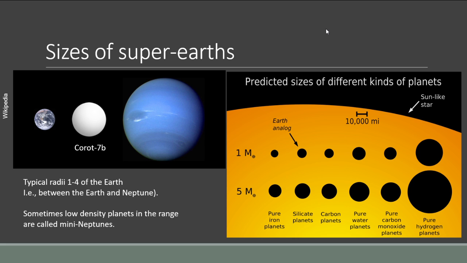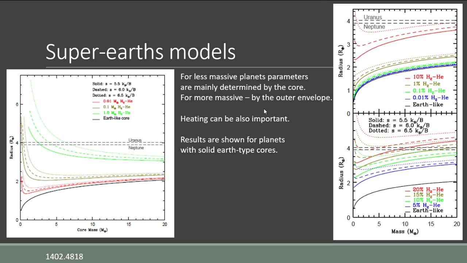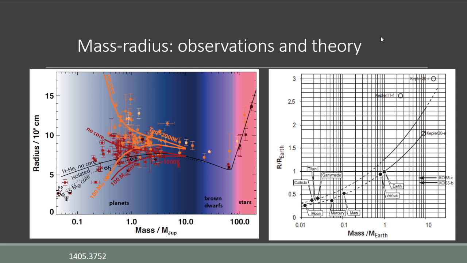If you just take a mug and take some water from, I don't know, the Gunk River, it will not be just pure water, and I don't recommend you to drink it, because many things are mixed in this river. Okay, so I'll skip these nice plots about super Earths.